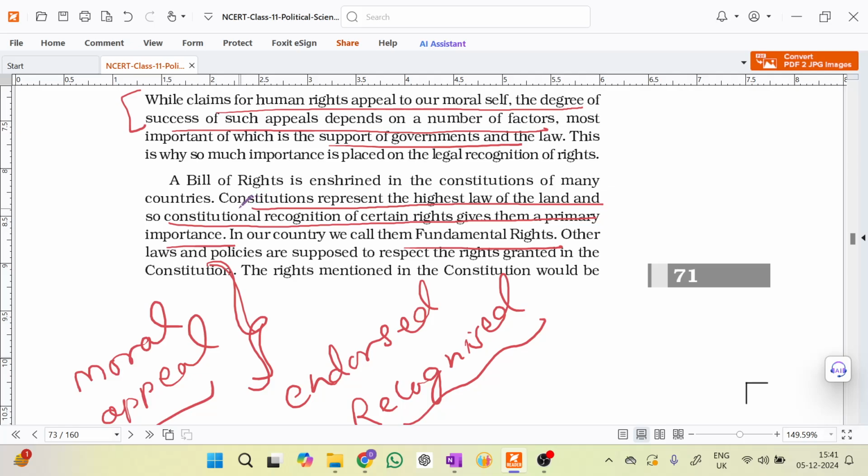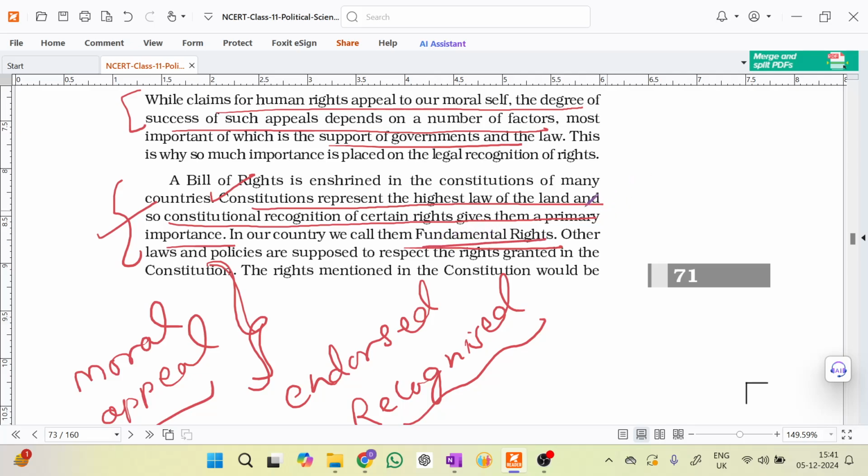Let's have a look here. The Constitution represents the highest law of the land, and so constitutional recognition of certain rights gives them primary importance. Yes, other than moral appeal, if the supreme law of a country recognizes human rights or certain rights, those rights will gain primary importance.